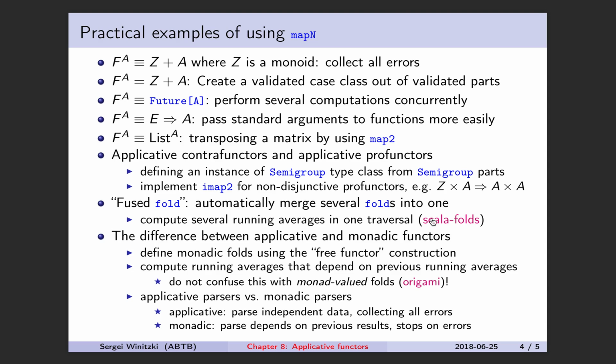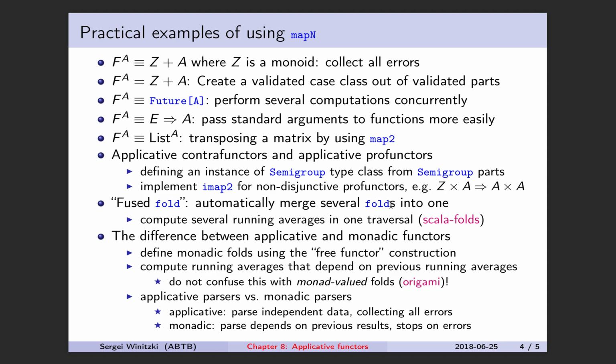So there are several libraries. One library is called ScalaFold, which is this one, where this is implemented, where you can combine different folds. As an example, if you want to compute the average of a list, then you would have to traverse the list twice, once to find its length, and another time to make a summation.